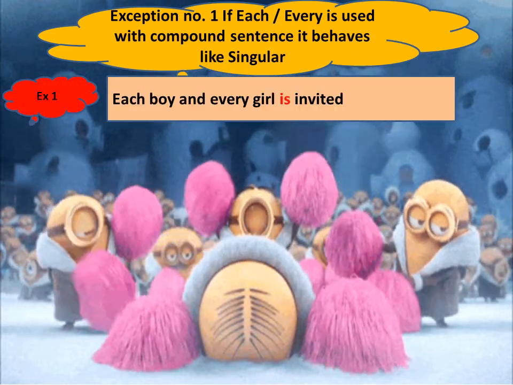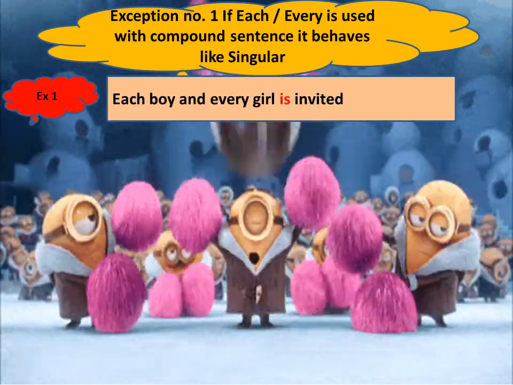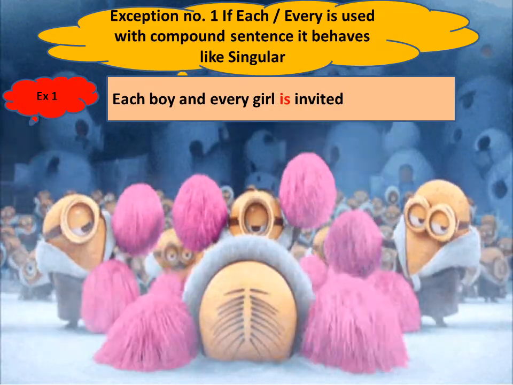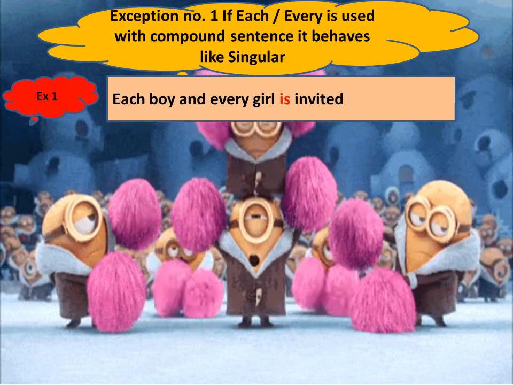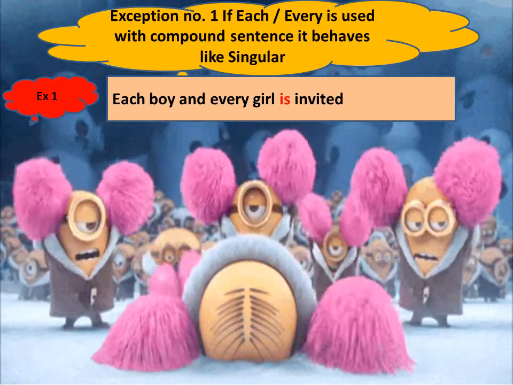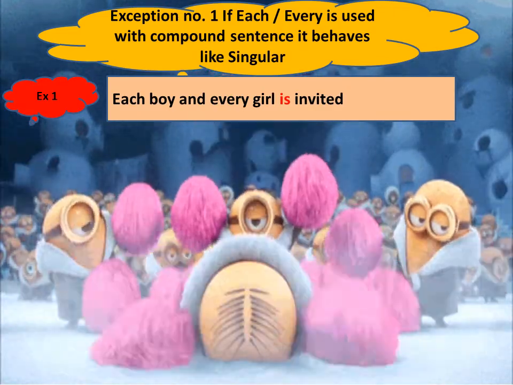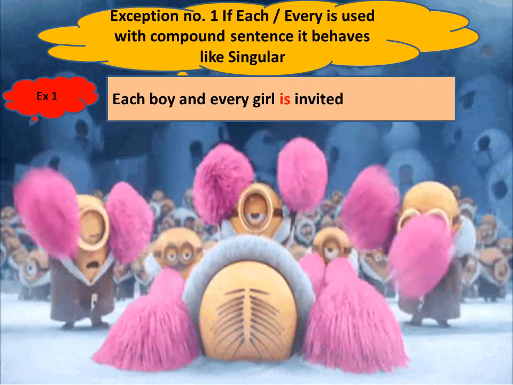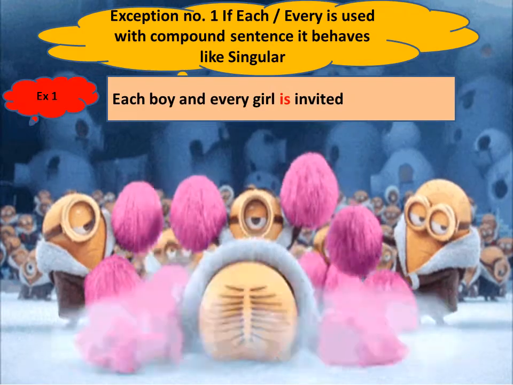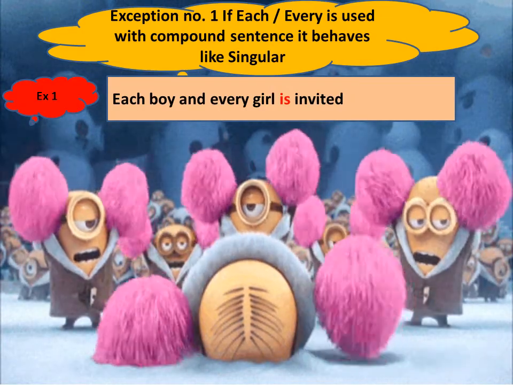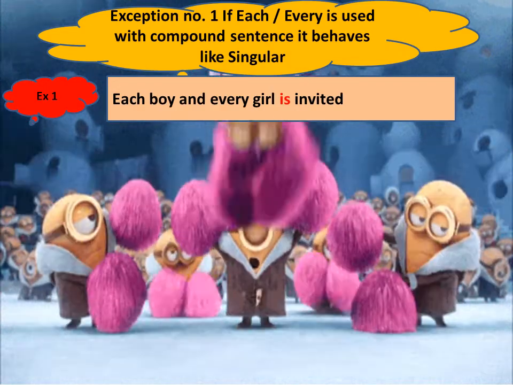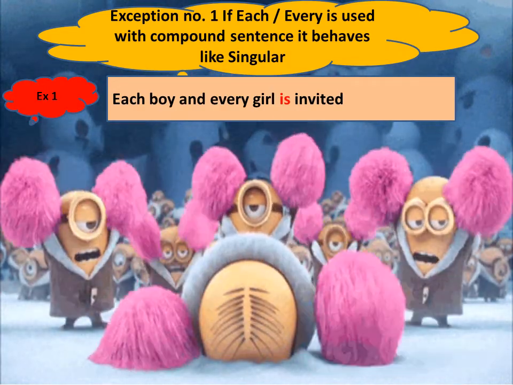First example says, there's a sentence, it says each boy and every girl is invited. First, let us find out the subject. Who is invited? Each boy and every girl. So here two subjects are there, boy and girl. They are joined by and, right? Now what is added to the subject?